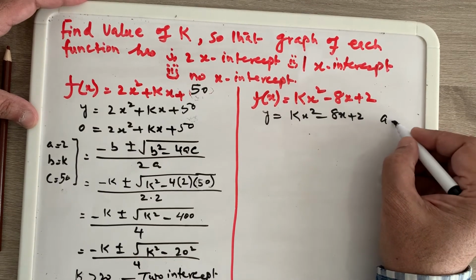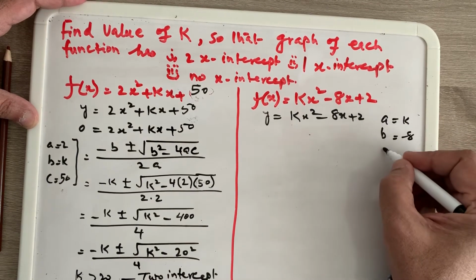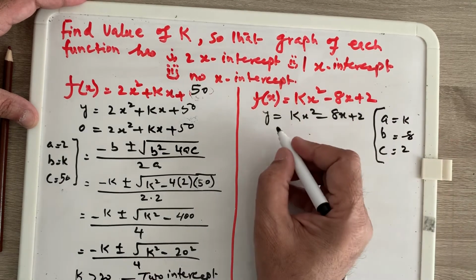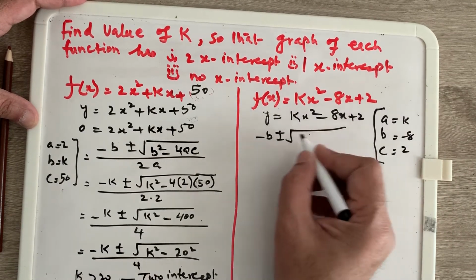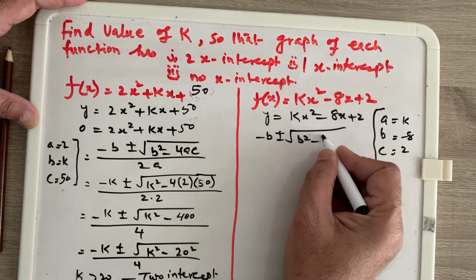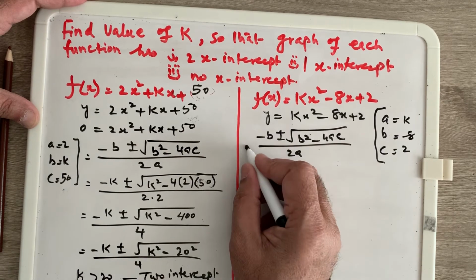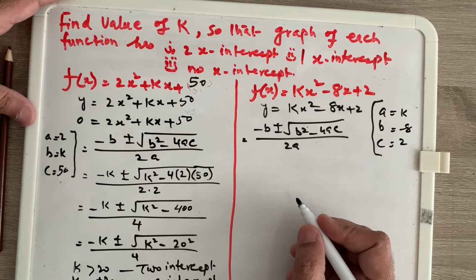So here my a is k, my b is minus 8, and my c is 2. This is my data to plug into the quadratic formula, which is minus b plus minus under the root b square minus 4ac divided by 2a.